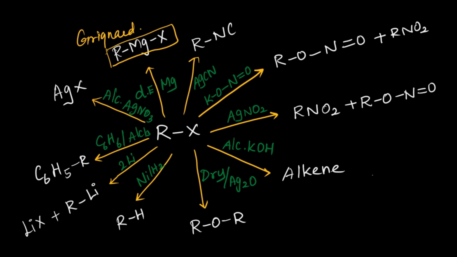Grignard reagent is nothing but RMgX. And then the point to be noted, a very, very important reaction, with AgCN. Silver cyanide produces RNC. If it is reacting with silver cyanide, it is producing NC, not CN.